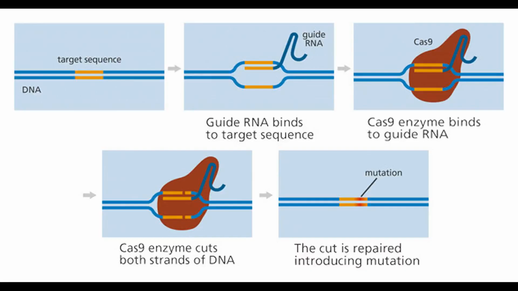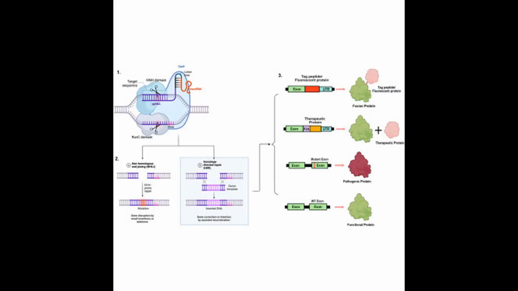While CRISPR/Cas9 is often celebrated for its simplicity and ease of use in genome editing, the reality is that achieving precise edits without off-target effects is a complex challenge. Many researchers initially assumed that CRISPR's straightforward design would inherently lead to high accuracy, but they have since discovered that off-target modifications can complicate outcomes significantly.